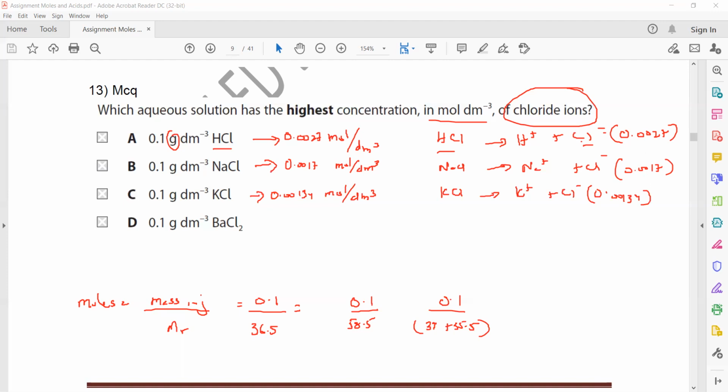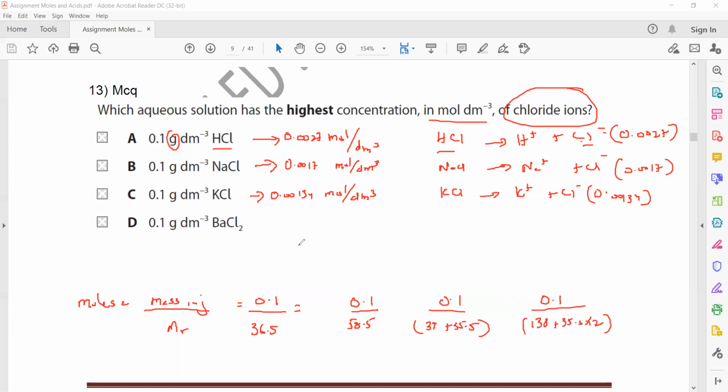Then the last one is barium chloride. So we'll get the concentration of barium chloride. Mass is 0.1 divided by the molecular mass. Barium is 137, and you can also take 138 if there is an isotope. For example, that is 138 plus chlorine 35.5 multiplied by 2.